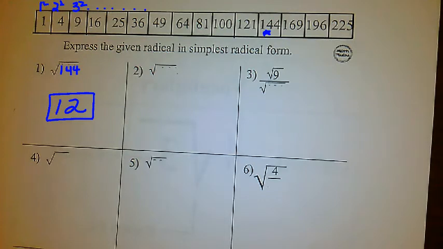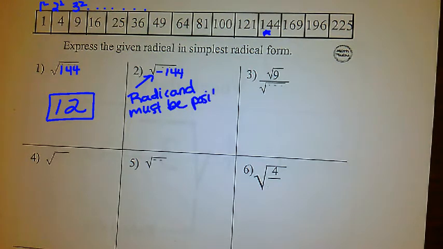The next one we have is the square root of negative 144. Another thing for you to know, when we are taking a square root, the radicand must be positive.